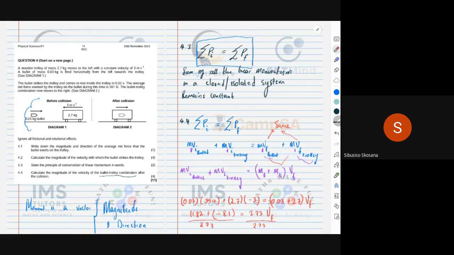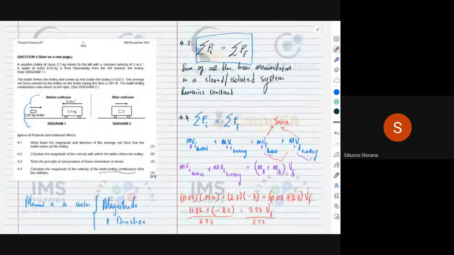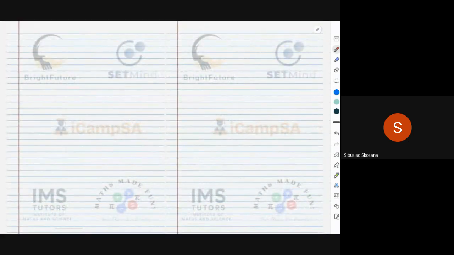So our answer is v f equals 1.36 meters per second.